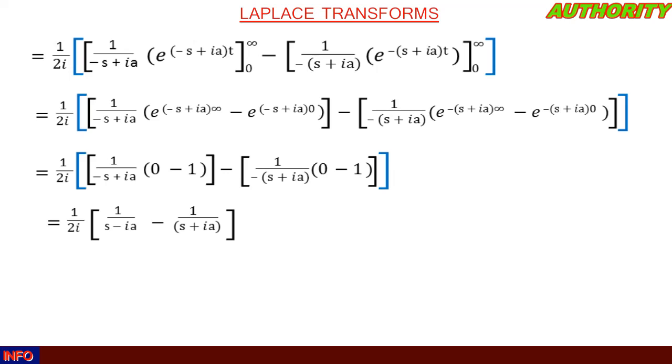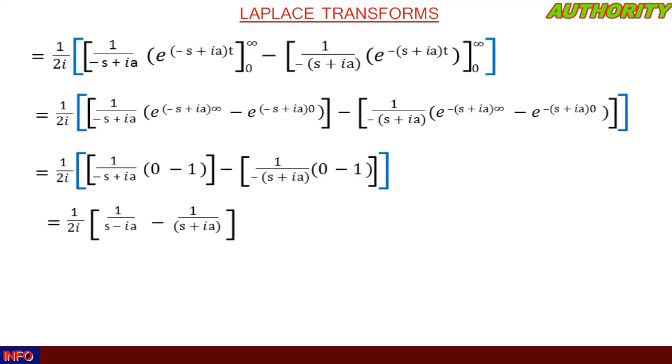So the multiplication is going to give us positive 1 over s minus ia. Then we have minus. On this side, we have 0 minus 1, which is minus 1, then multiplied by 1 over minus (s plus ia). So here we're going to have 1 over s minus ia minus 1 over s plus ia.